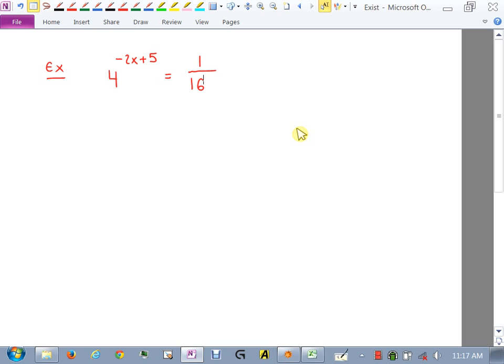Anybody have any ideas here? You can rewrite 16 as what? 1 over 4 squared? Do y'all agree? I don't know how to teach that part, like how you see that.